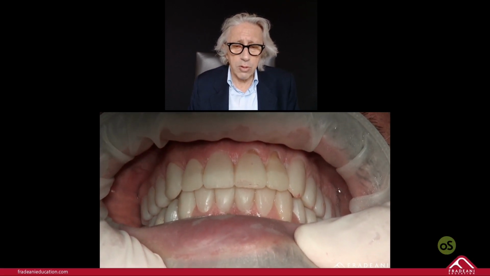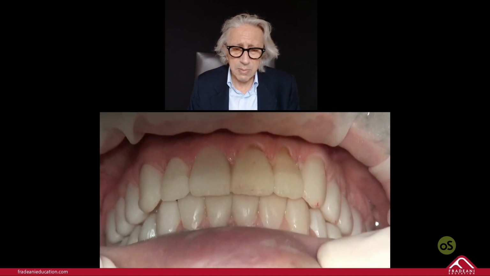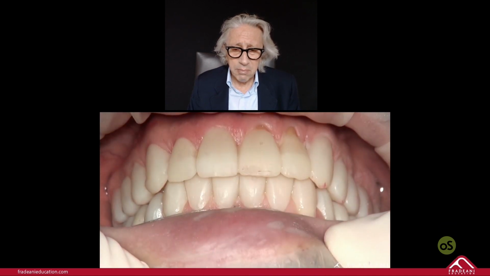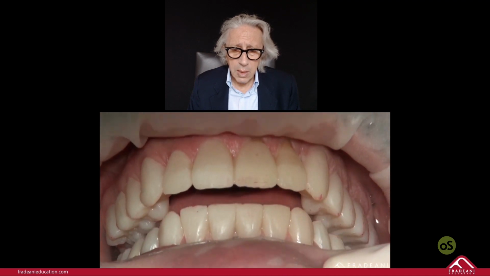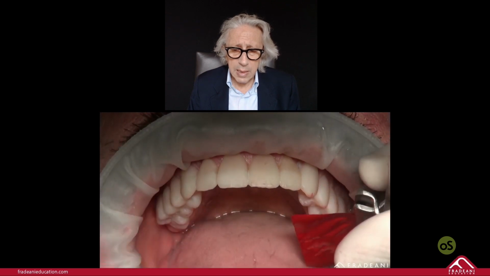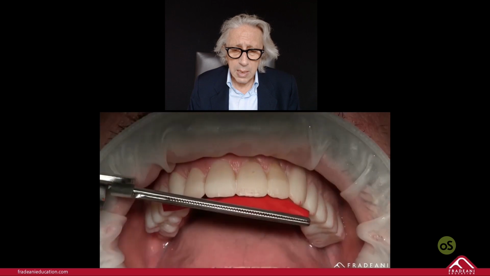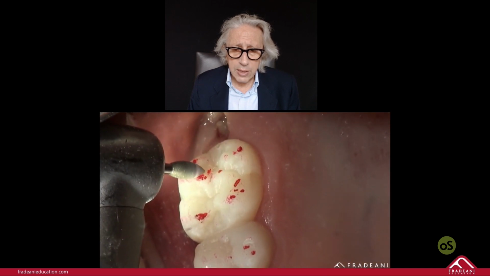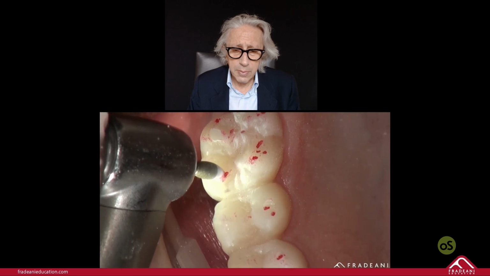So let me check what we've done. We did this kind of control of the occlusion. We maybe had some little slide still, but at this point there was nothing more. This is perfect. So actually we check it in a better way. Now we let the patient close by himself because it's one position only. We have the chance to improve this kind of finalization of the occlusal step.